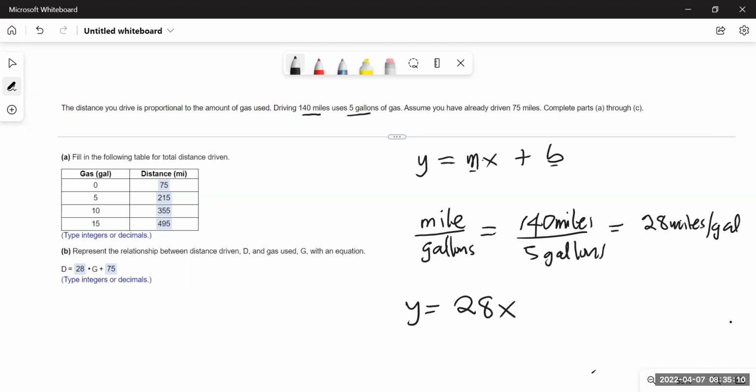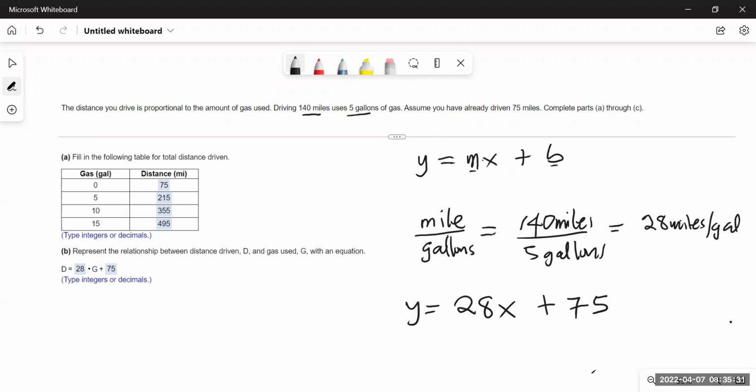Now, what is b? b is your y-intercept, and that is the starting point, the fixed number. Because it says, assume you have already driven 75 miles, 75 becomes your fixed number. So you have your equation. Is that okay? In terms of x.